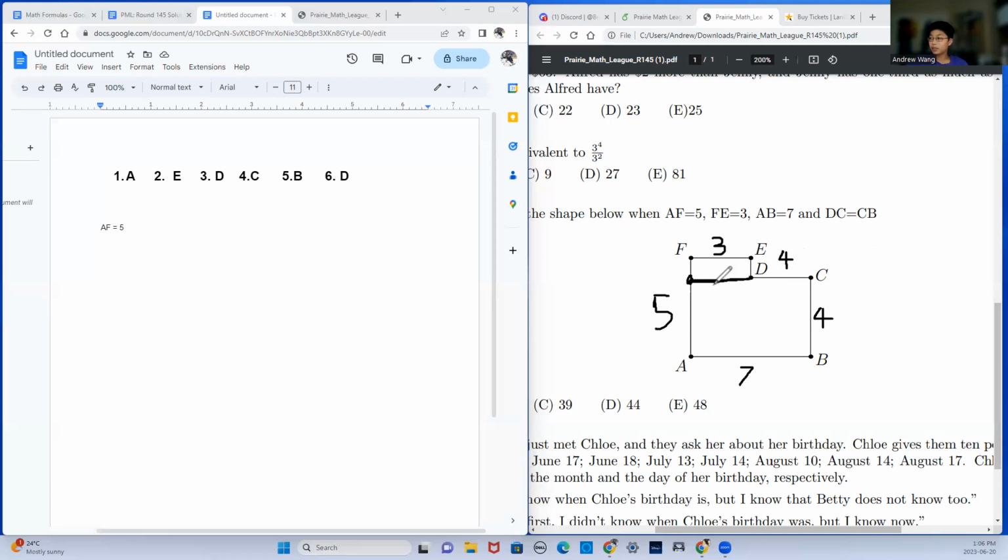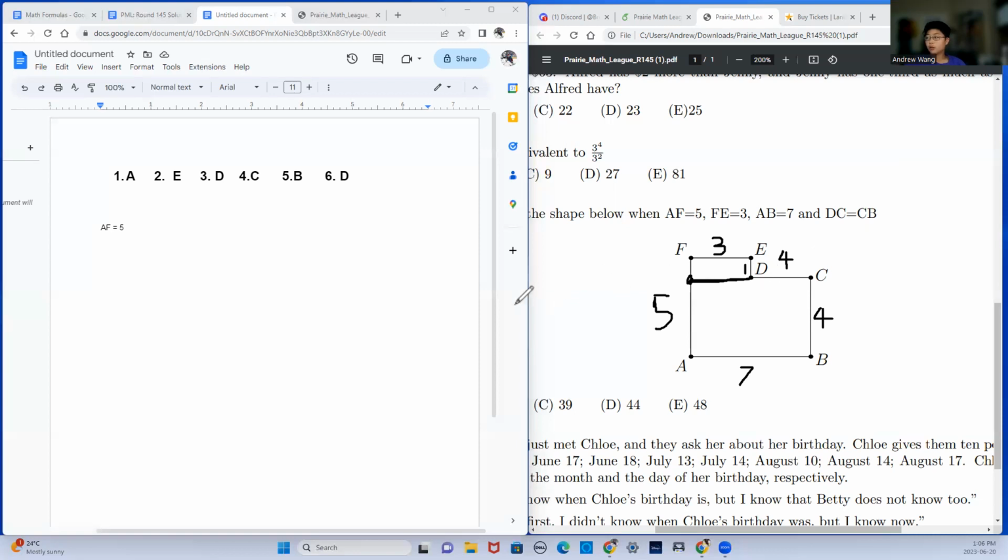Now, if you kind of see this, FA equals 5 and CB equals 4, assuming that this is a perfect rectangle. I didn't read the question properly, but if it is, then 5 minus 4, ED should be equal to 1. So we'll write this as 1.